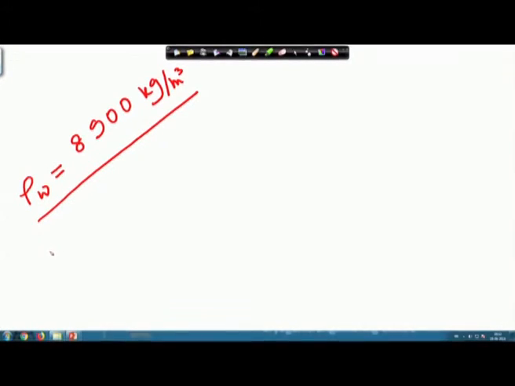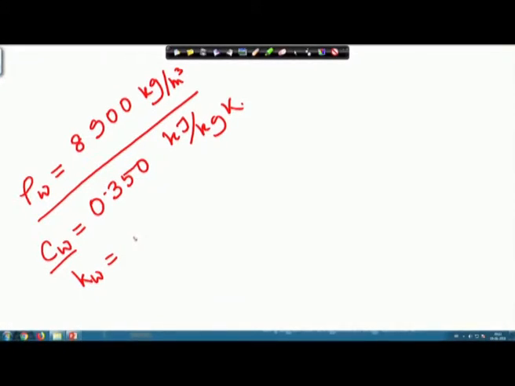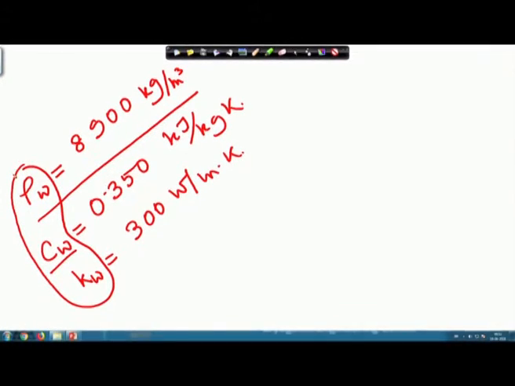Then the specific heat Cw is 0.350 kilojoule per kg Kelvin, and then we have the thermal conductivity Kw or Ks, which equals 300 watt per meter Kelvin. So, these are the values we have for the material.